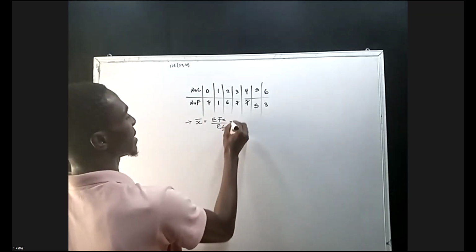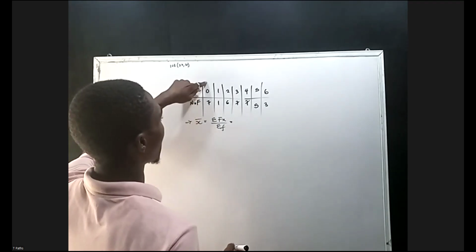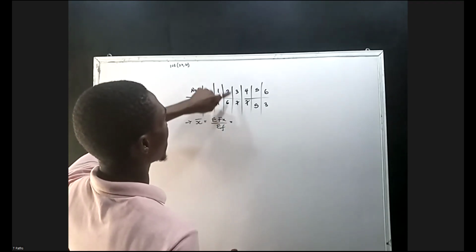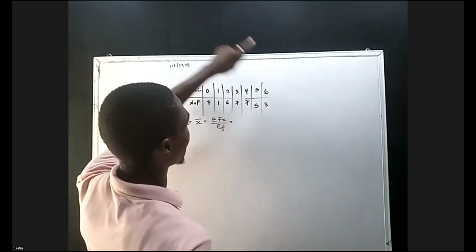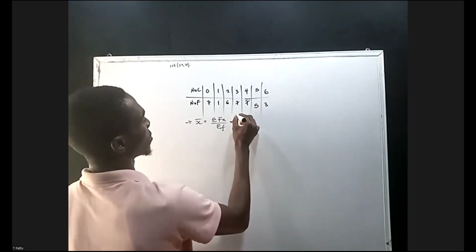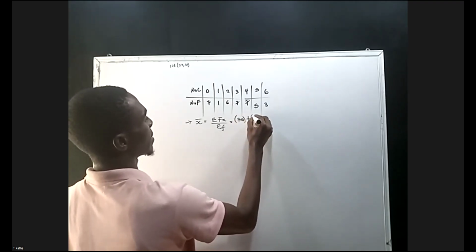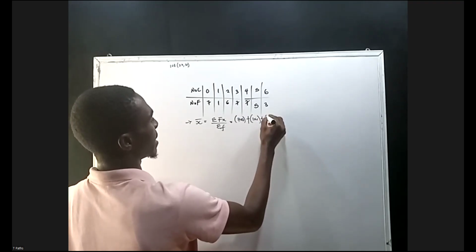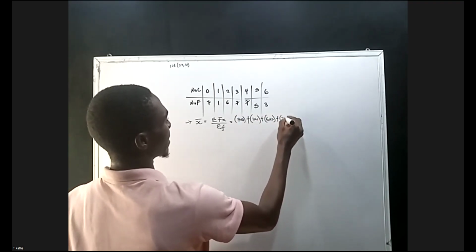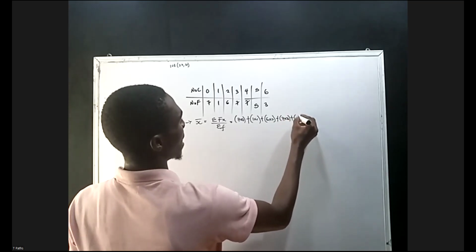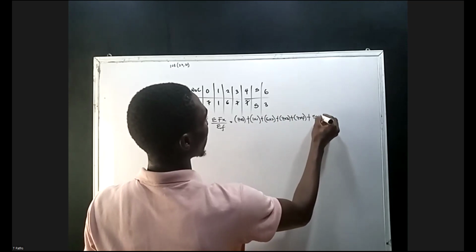What is the summation fx? It means f times x, for each row. So we start: 7 times 0, plus 1 times 1, plus 6 times 2, then 7 times 3, 7 times 4, and 5 times 5.